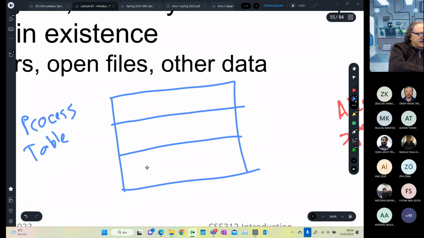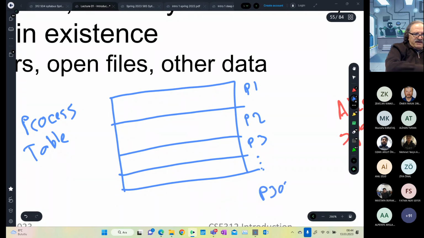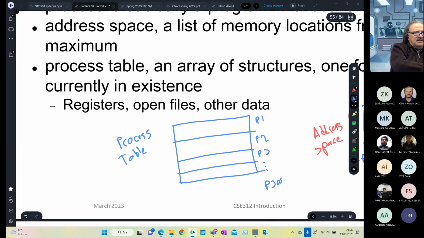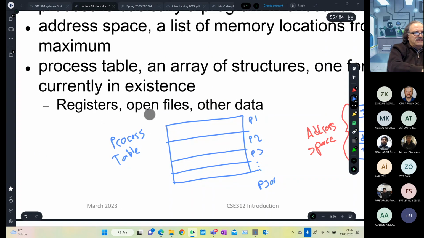In this process table, process number 1, process number 2, process number 3, and so on, up to process number 305. How many doesn't matter. Inside this process table, I have registers, the open file information, and some other data. So where do I keep this process table?